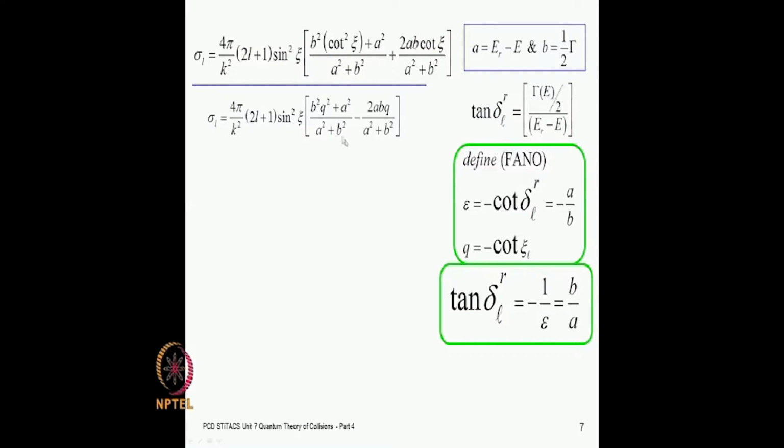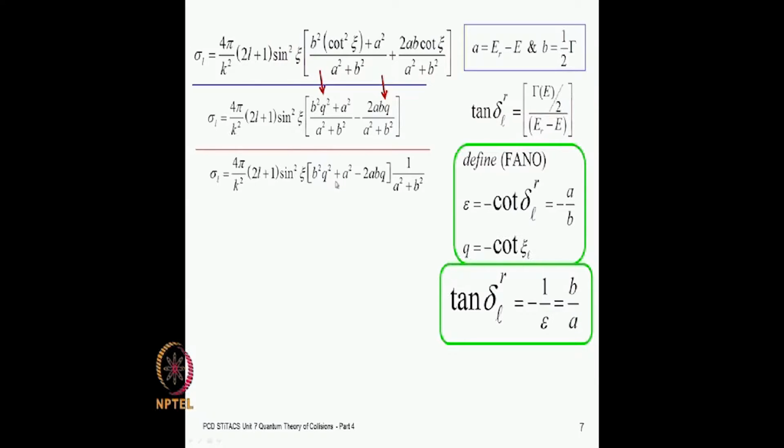So you combine these two terms using just the usual properties of the cotangent functions, okay? And notice that you already get the q parameter appearing over here. But the epsilon is yet to arrive in our expression. So we again reorganize these terms. Okay, so this is a straightforward rearrangement of the terms.